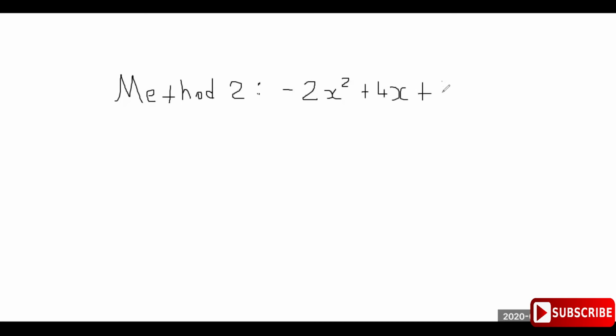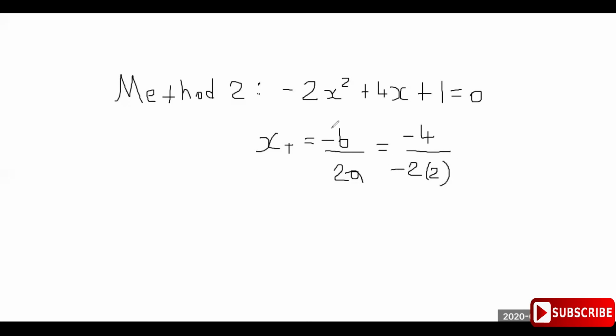The first thing is we can find the x value at the turning point, xt, and xt is equal to minus b over 2a. So I'm completing the square using the formula method. That's going to be equal to minus 4 over 2 times negative 2, which is 1. Remember, 2 times your a is negative.